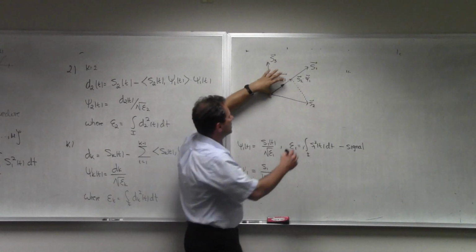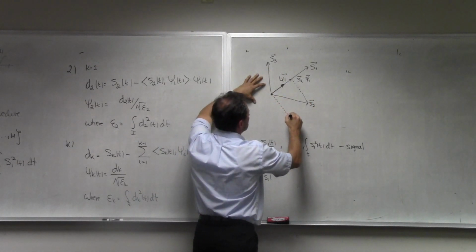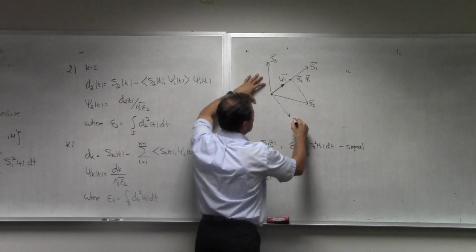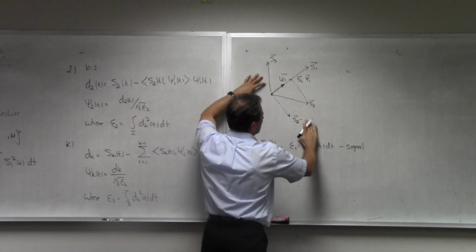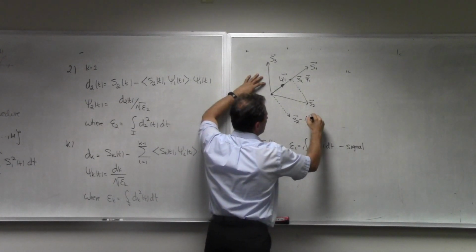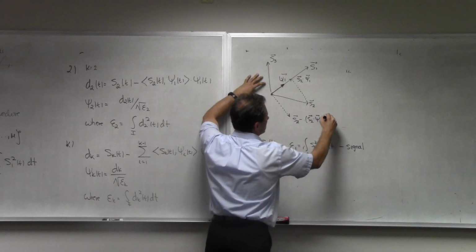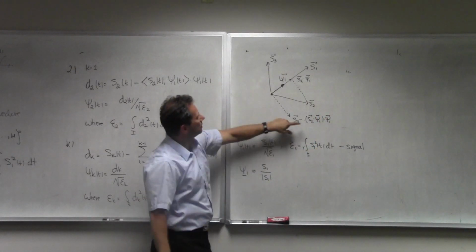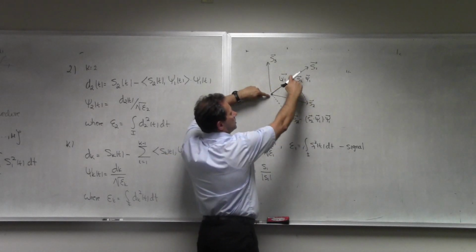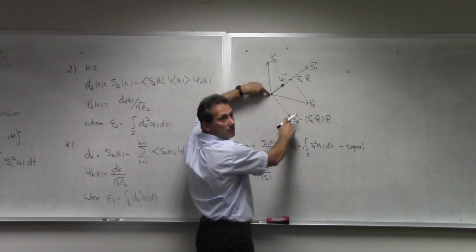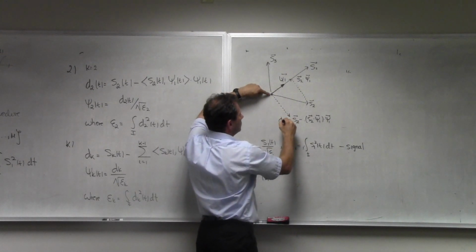So when I subtract that from S2, I end up with a vector that looks like this. So this is S2 minus S2 in dot product with psi1 times psi1. S2 minus this gives you this. So this is my vector D2.